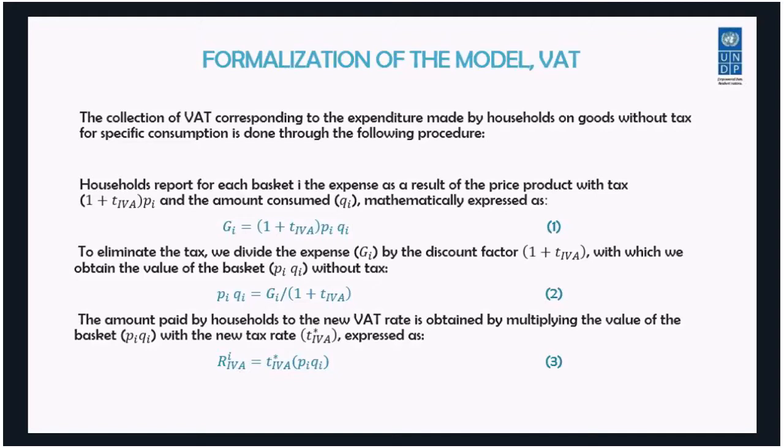For that, these identities are useful, this and another. This is just for the VAT, right? Which is derived by using information on prices and quantities and the current rate of the tax. So you can identify how much a household is paying.